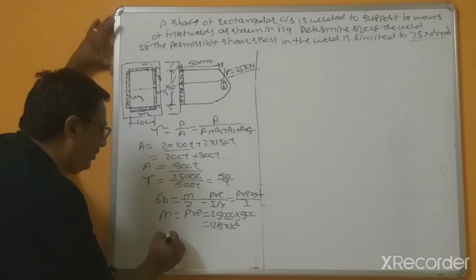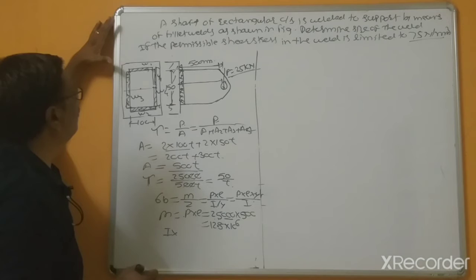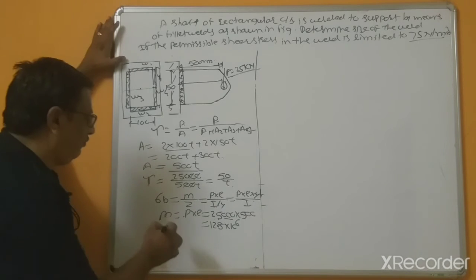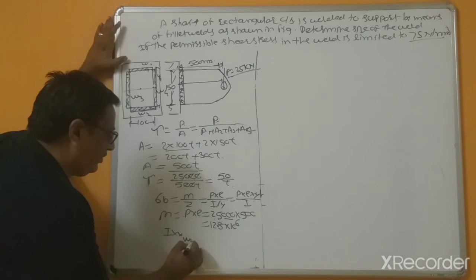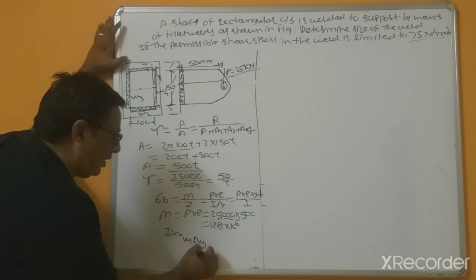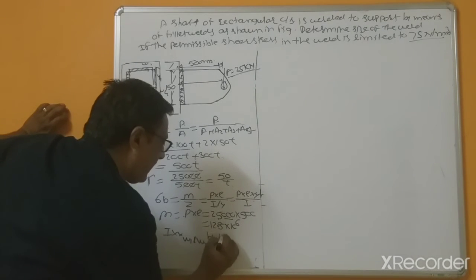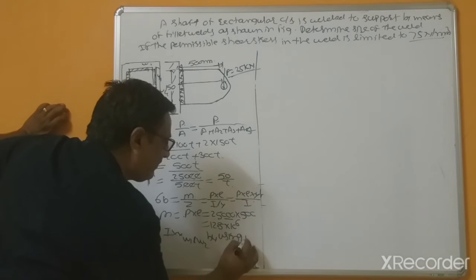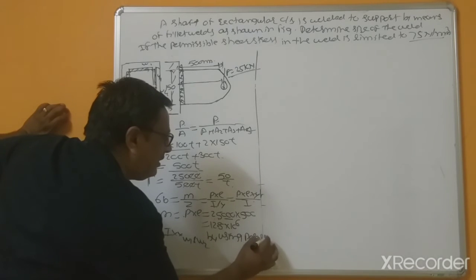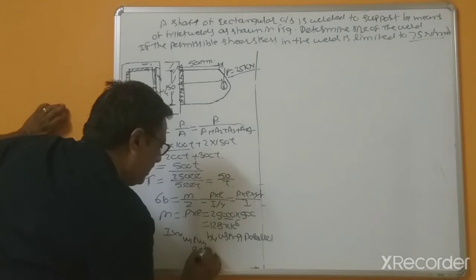So that's why the moment of inertia for the first and second weld is found by using the parallel axis theorem.